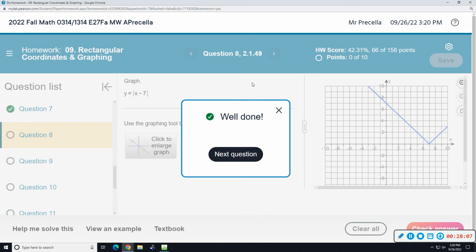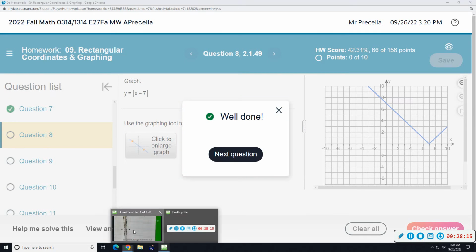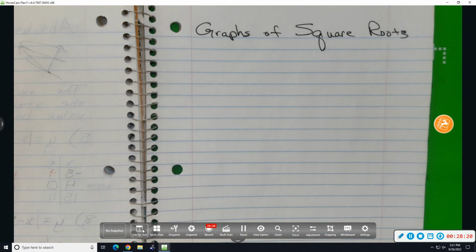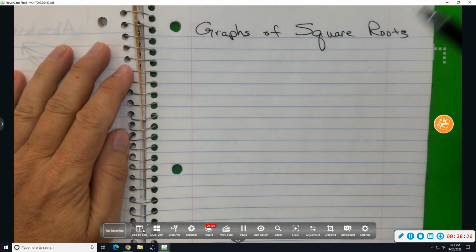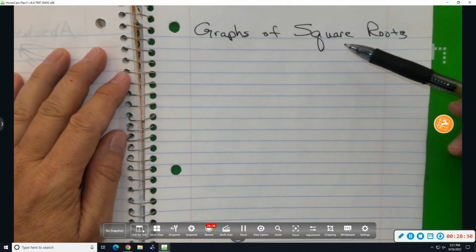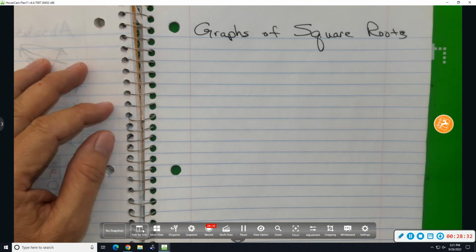I guess I could say graphs of square root expressions, but I'll just say graphs of square roots. It's less writing.